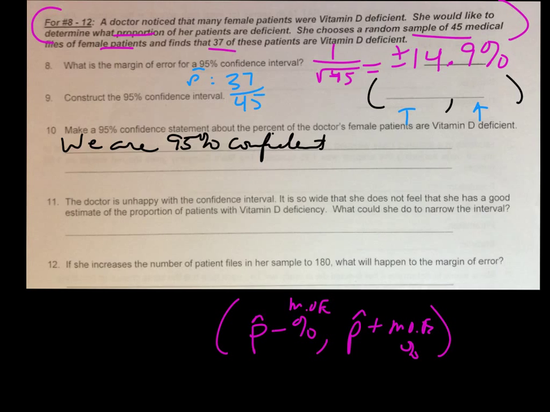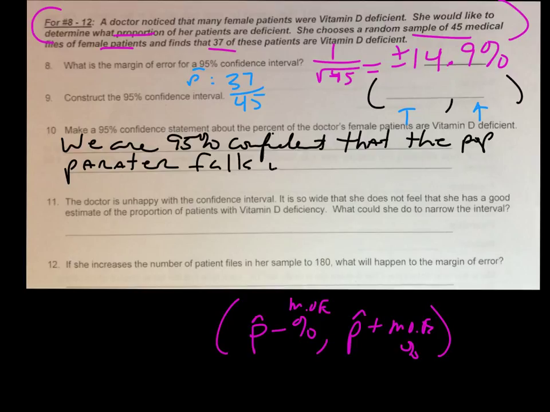We're 95% confident that the true population parameter, I'm going to abbreviate, falls within the interval, and then you're going to list the interval above. We are 95% confident that the true population parameter falls within the interval blank to blank.